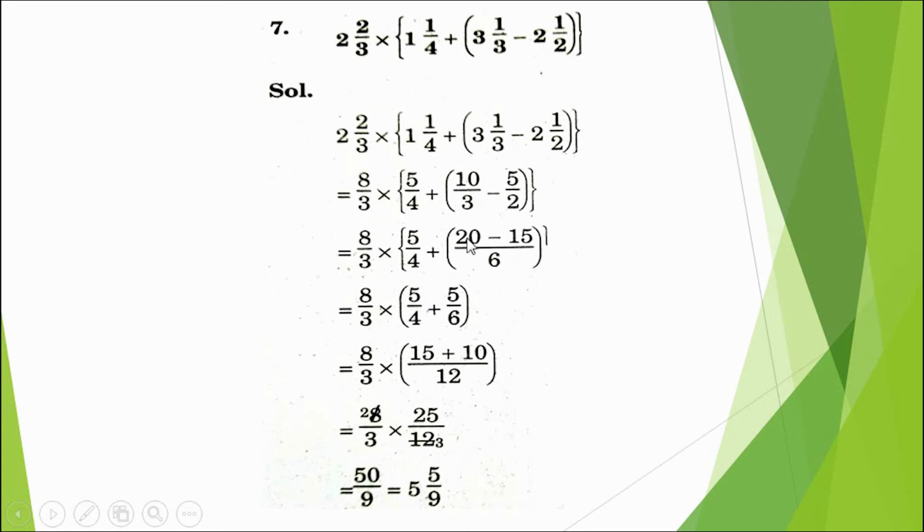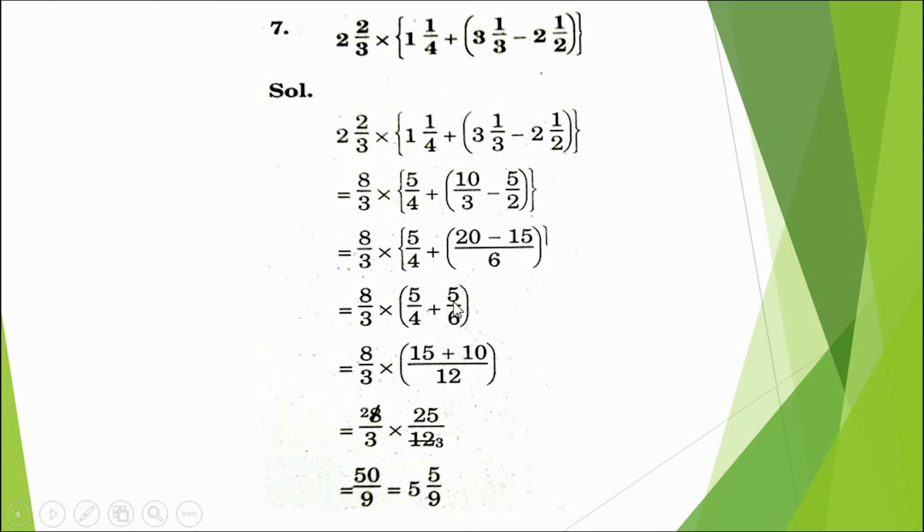First of all, solve the round brackets. 20 minus 3 2s are 6, 10 2s are 20 and 5 3s are 15. When we minus 15 from 20, answer will be 5.